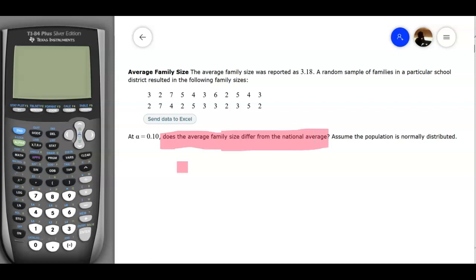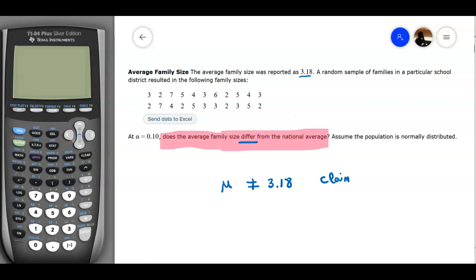So if I want to write this, this is my claim, and differ, all right? This word means different, right? So the average family size, we see the mean, is different from the reported 3.18, all right? So this is my claim.